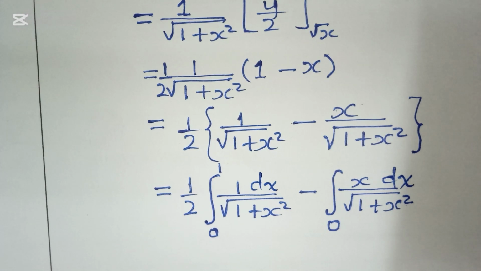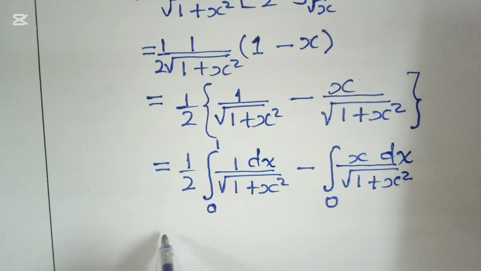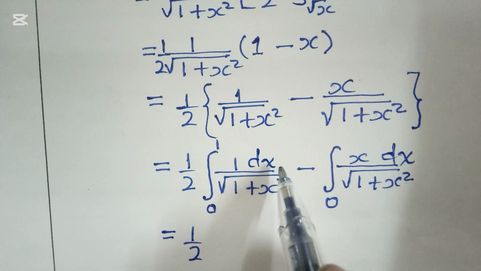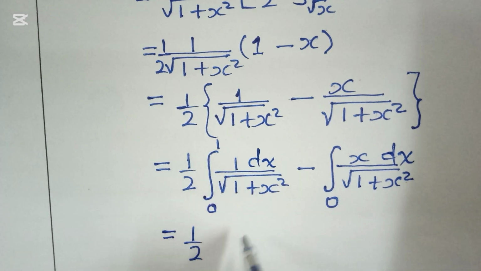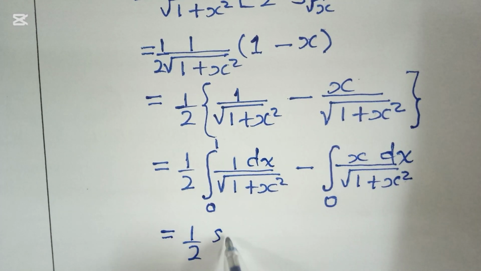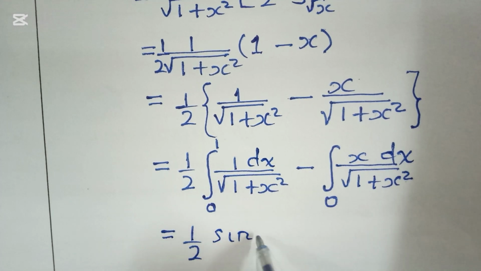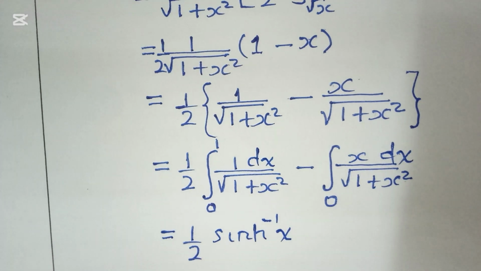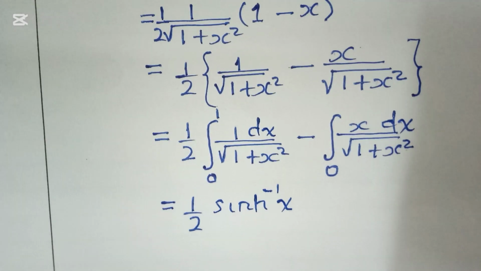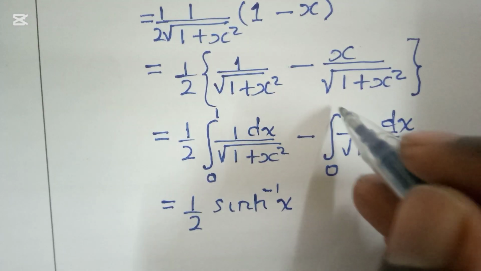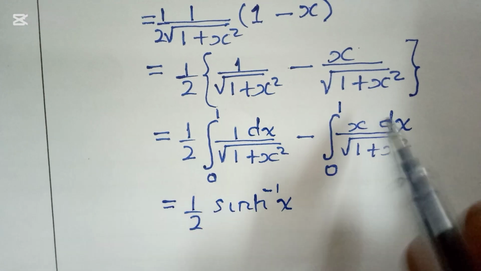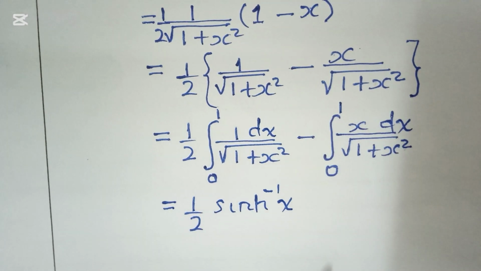And from there guys, for the first integral, we are going to have a half. This one gives us sine hyperbolic. The integral of that is sine hyperbolic inverse x. So guys, we are able to find the first one, that is from 0 to 1 here. And so guys, we now come and look for the integral for that.